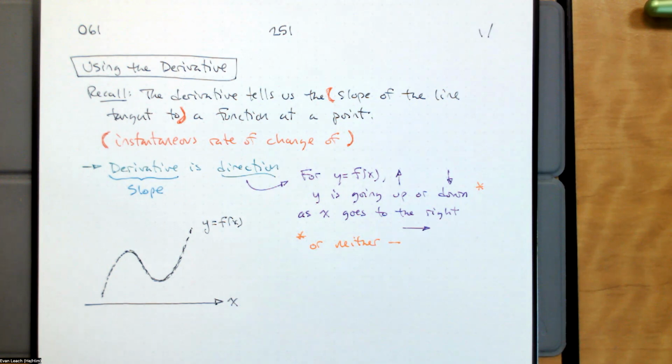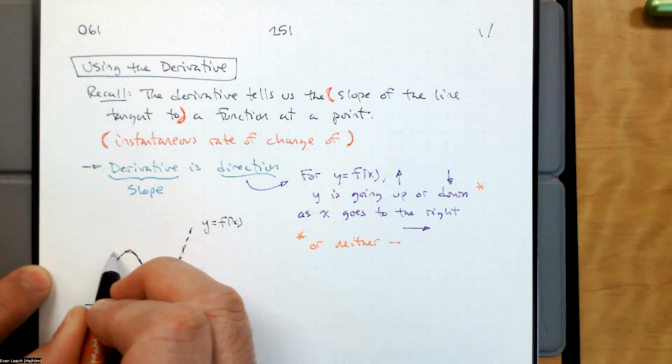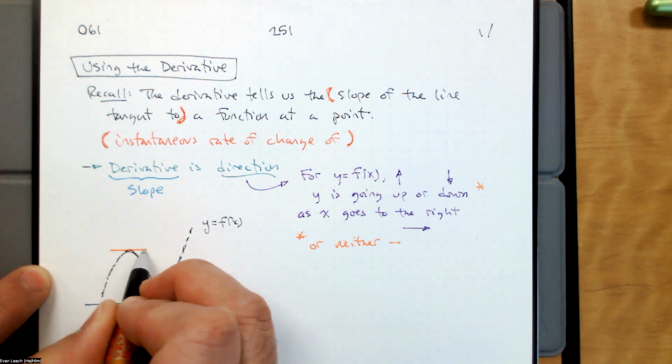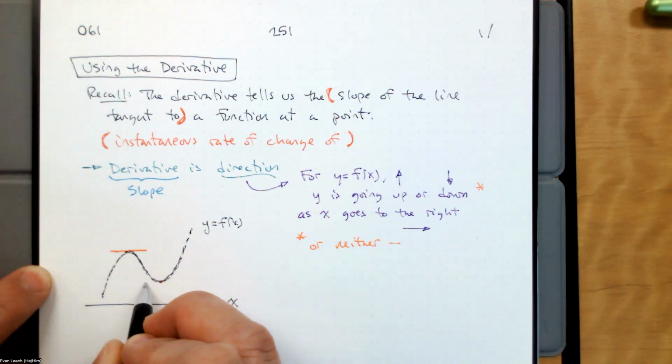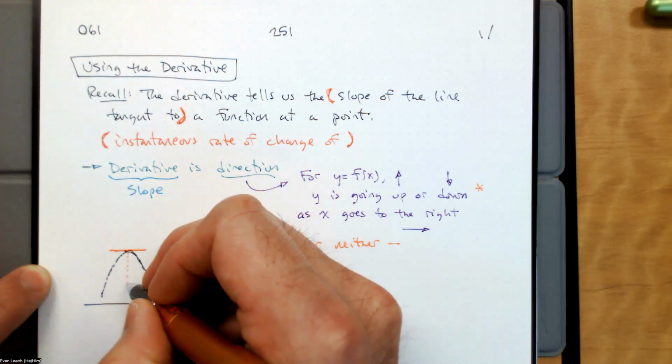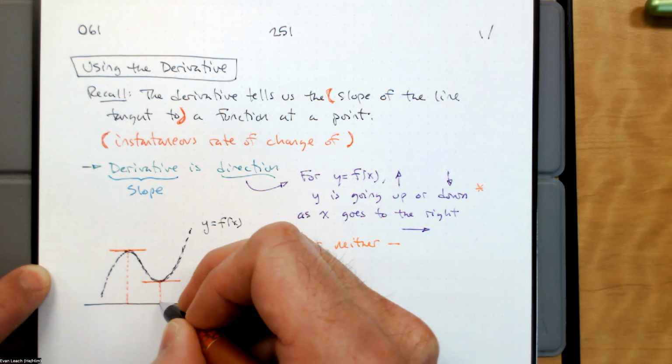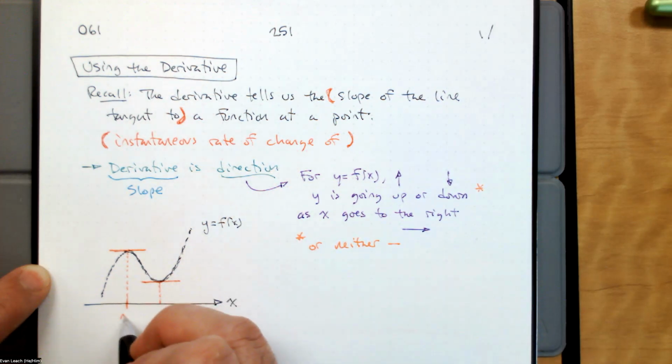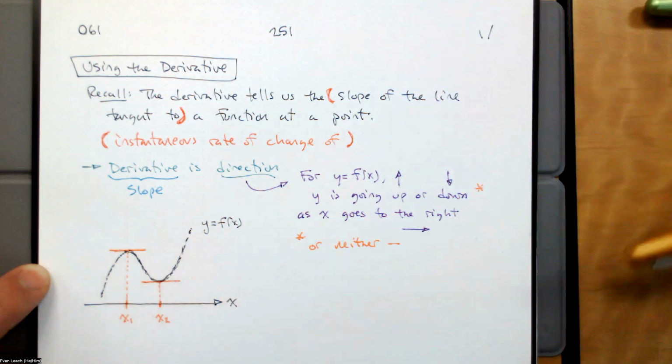So there are two places on this graph where we can see that the function is flat. Let's give them names. Clever names like x1 and x2.